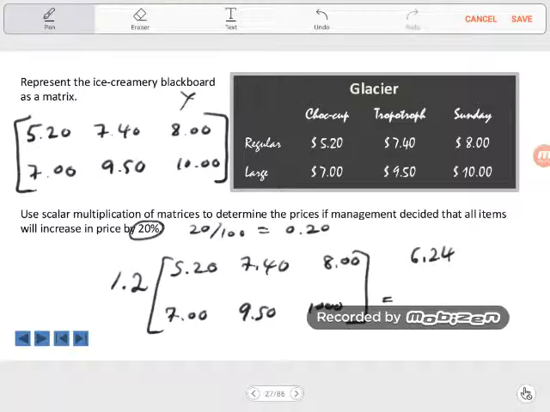So if you increase $5.20 by 20%, it becomes $6.24. 740 becomes $8.88. $8 increased by 20% is now $9.60.